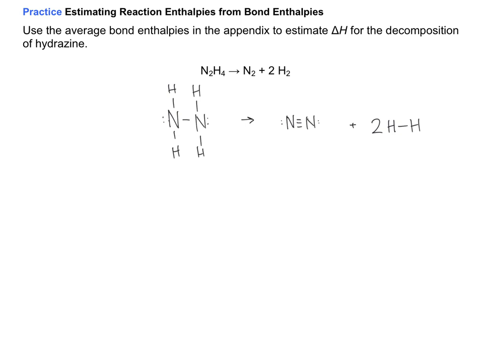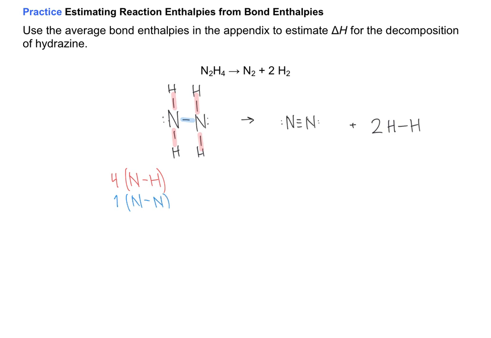We can count. First thing is counting. We have our hydrogen-nitrogen single bonds. I don't see any bonds similar from the right to the left, reactants to products. Okay, so I have 4 nitrogen-hydrogen single bonds, no coefficient in front. And then we have 1 nitrogen-nitrogen single bond. Okay, there's my reactants.